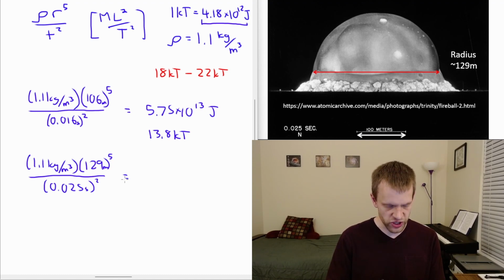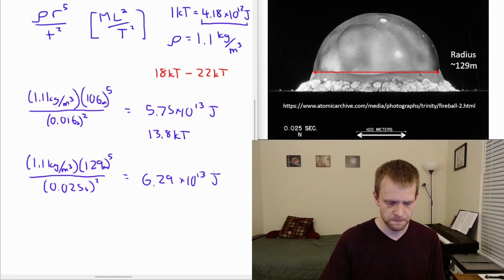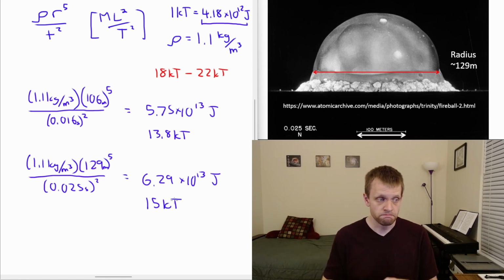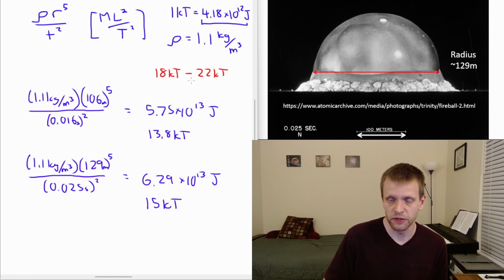If I run through those numbers, 1.1 times 129 to the power of 5, and then divide by 0.025 squared, I got 6.29 times 10 to the 13 joules. Again, if I divide by how many joules are in 1 kiloton, I got 15 kilotons. Again, pretty good matchup between these values.